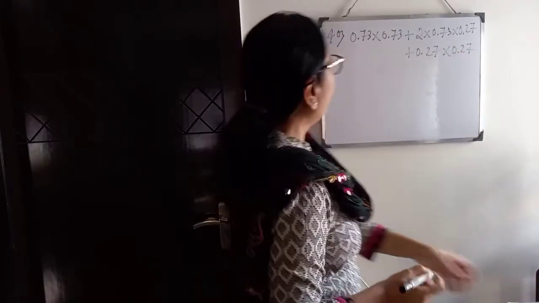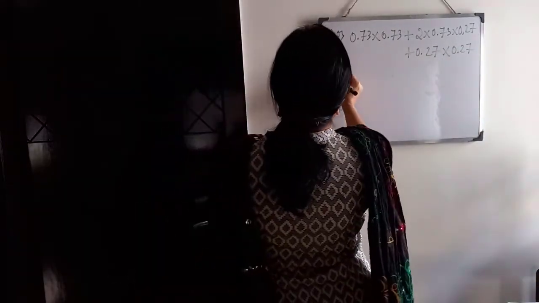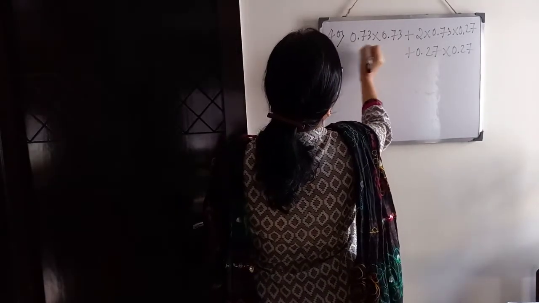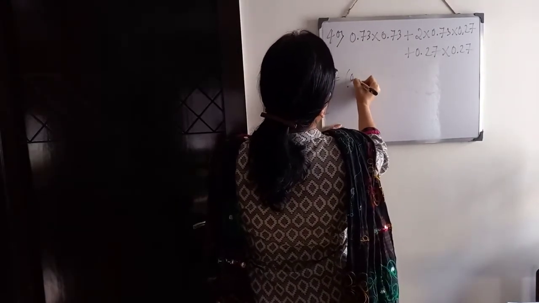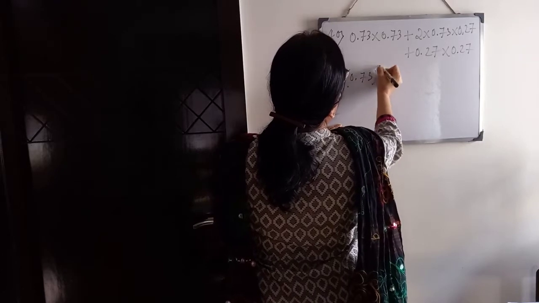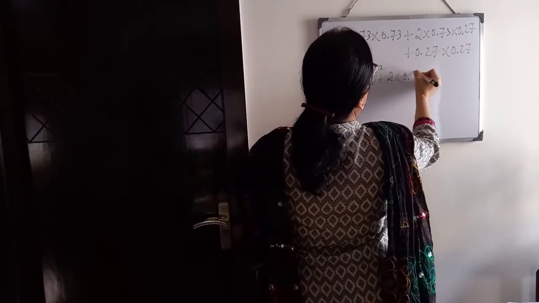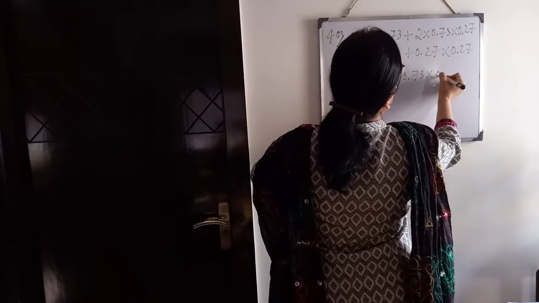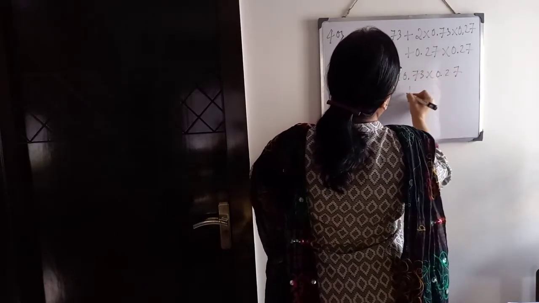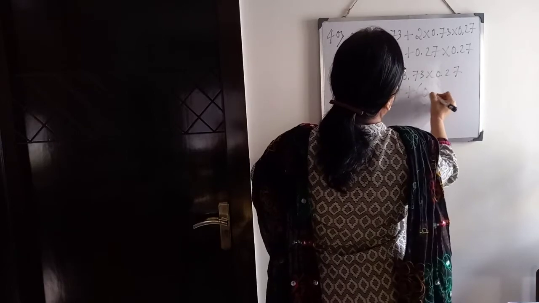Now 0.73 is written 2 times, so we can write it in that form, whole square plus, and it is also twice.